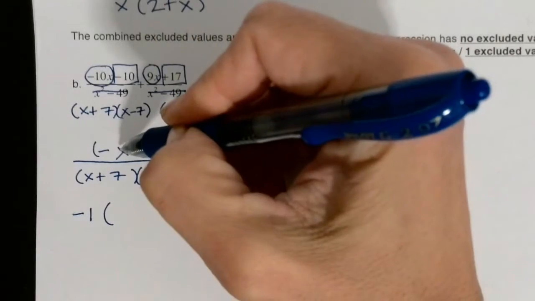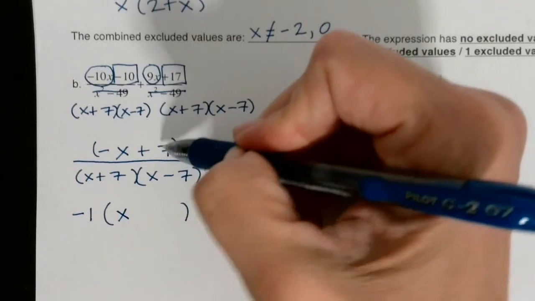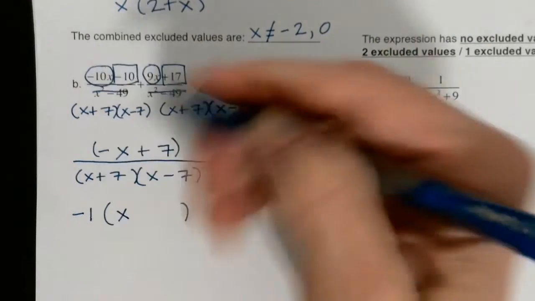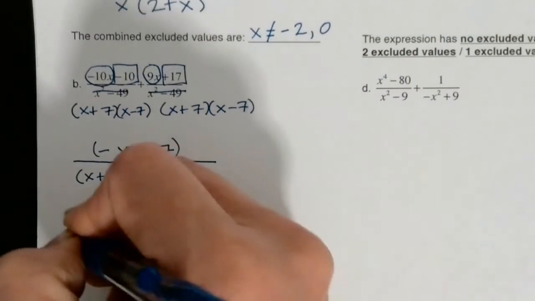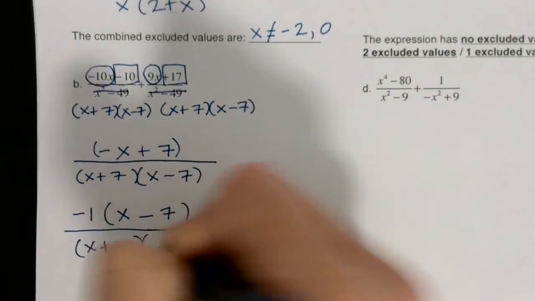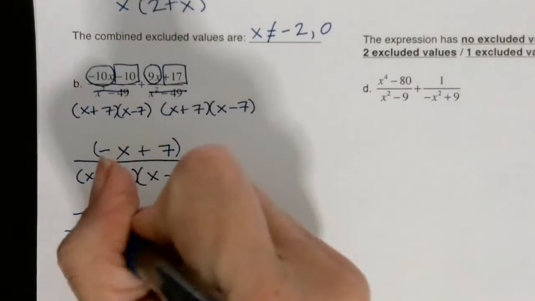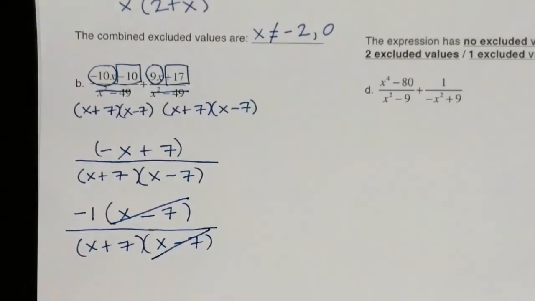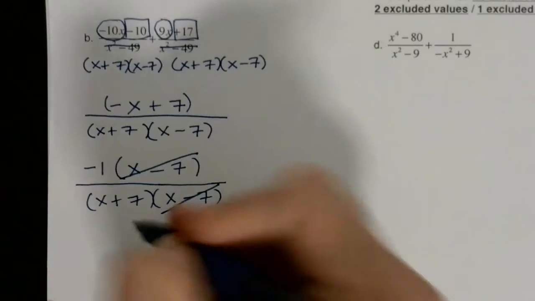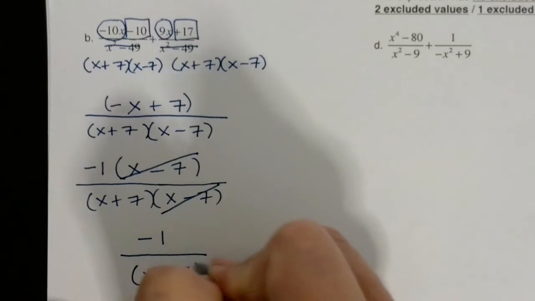Negative x divided by negative 1 is positive x, and positive 7 divided by negative 1 is negative 7. You see that right there? So now that I've factored out that negative 1, I can cancel these families and send them on vacation. And so my answer is negative 1 over x plus 7.